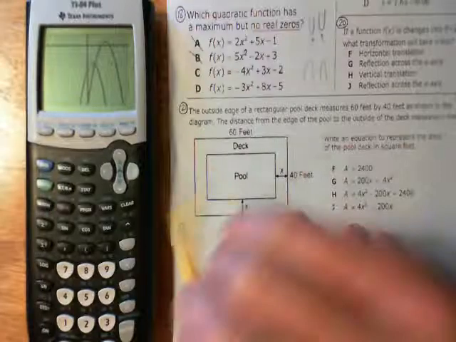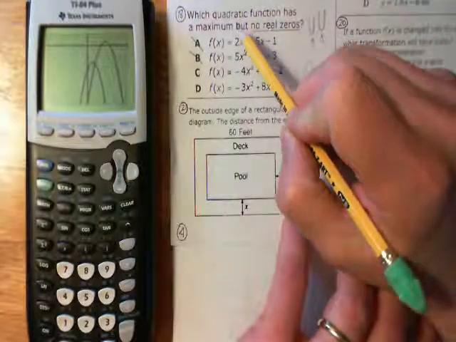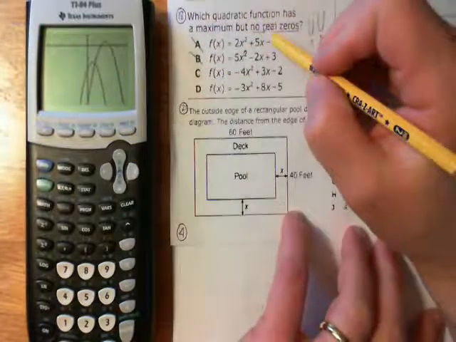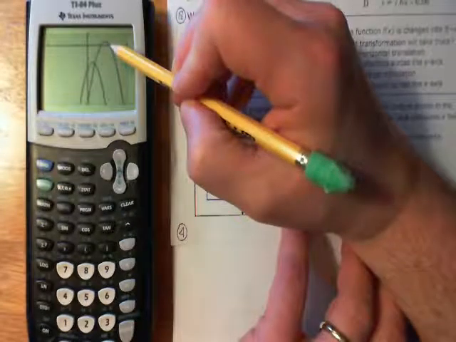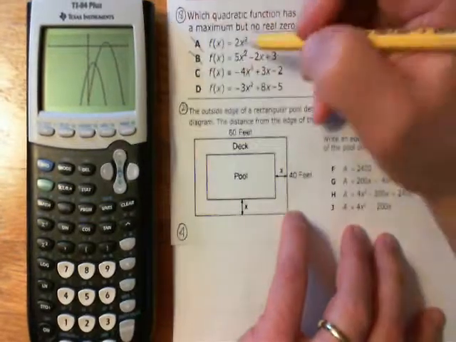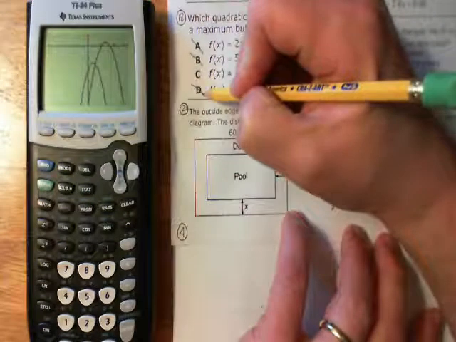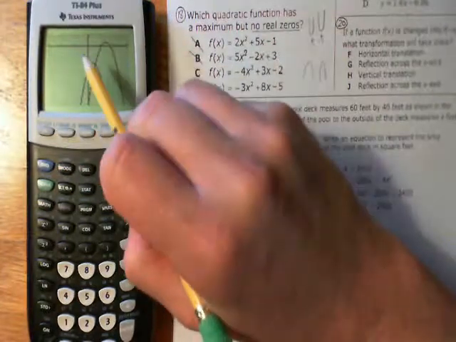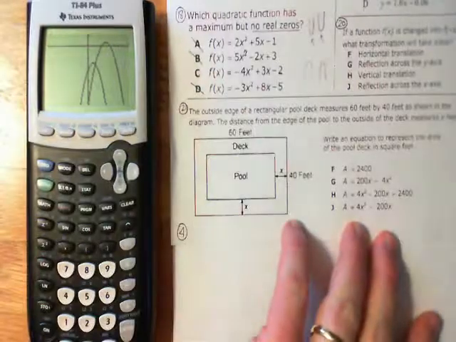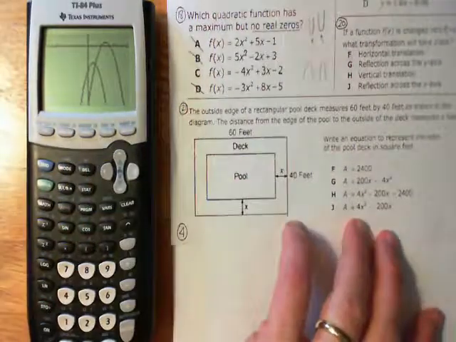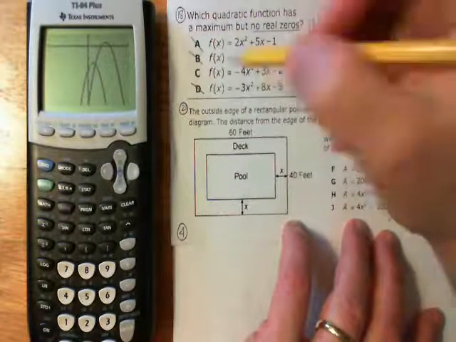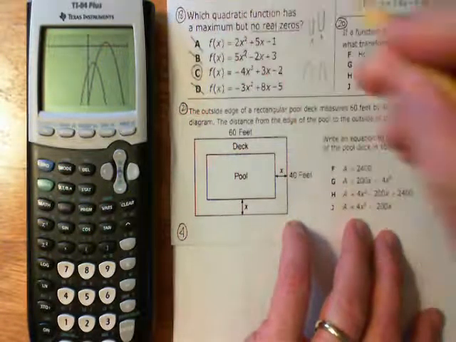Well, if you noticed, the question is asking which has a maximum, both have a maximum, and which one has no real solution. Well, this one here has two solutions, so you know that the fourth answer has real answers, meaning numbers that touch the x-axis. The other one does not have real answers because it does not touch the x-axis. Okay, so the answer is letter C.